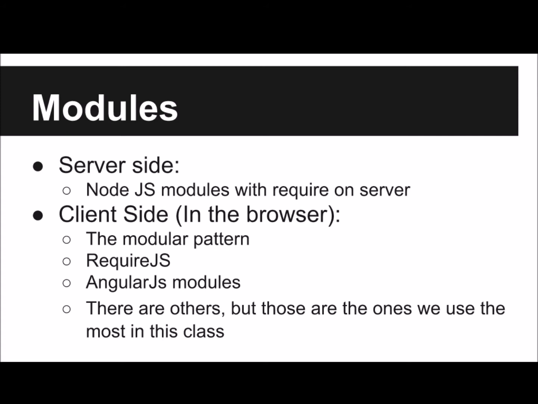On the server side, fortunately, things are fairly simple. When we're writing Node.js code on the server, we're not showing our code in a browser, or we're writing the server side of a program which has code in a browser, then it's fairly simple. You use require, and we'll show how to do that.